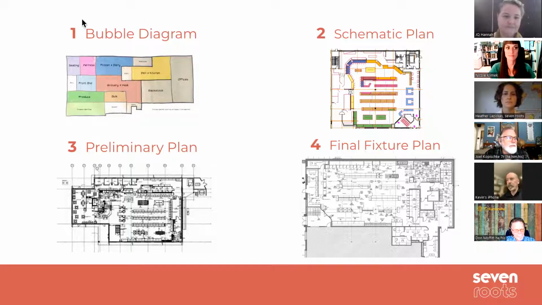This really is just an initial phase. This is not a drawing that you can give to an architect or something like that. It's just a concept. And then we move into schematics, and then preliminary plans, and then the final fixture plan. And the final is the final. And we'll get into that a little bit later.